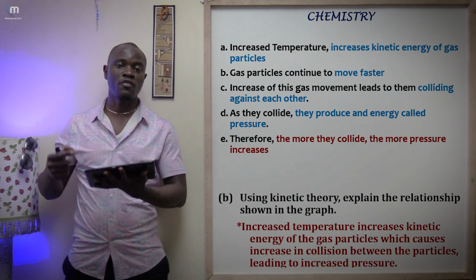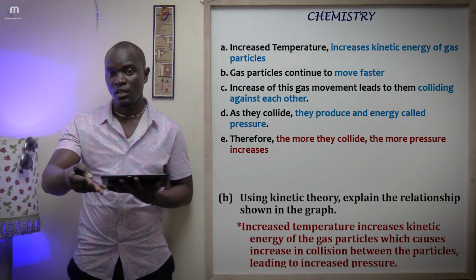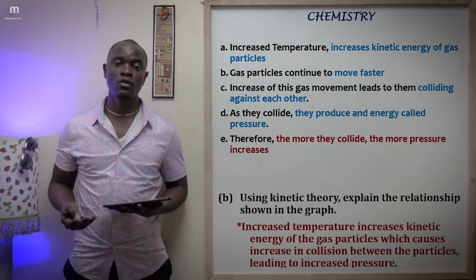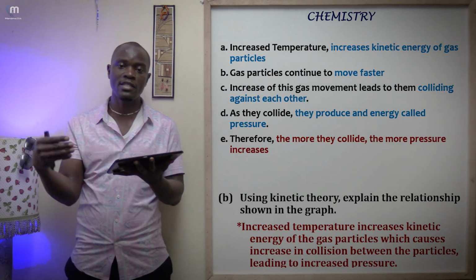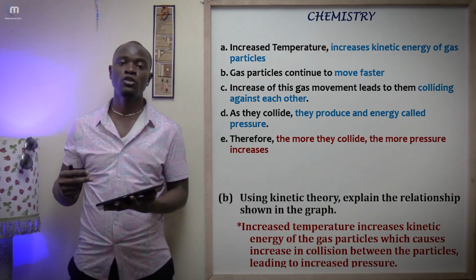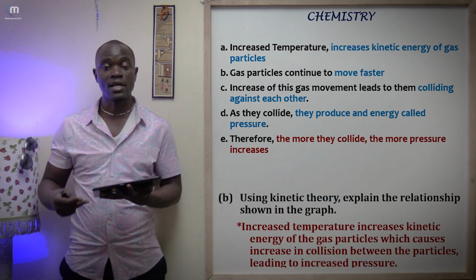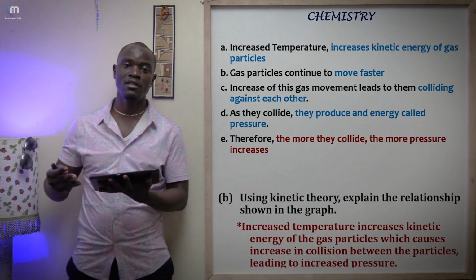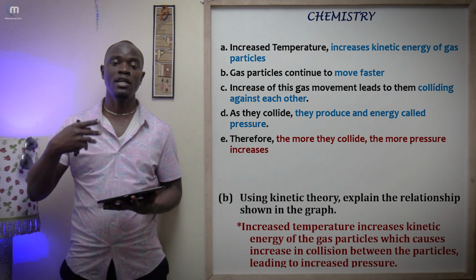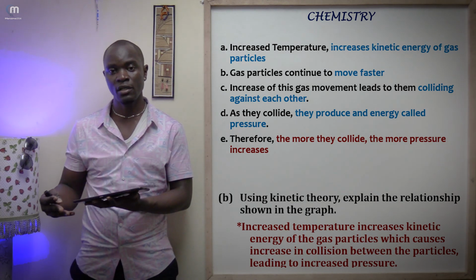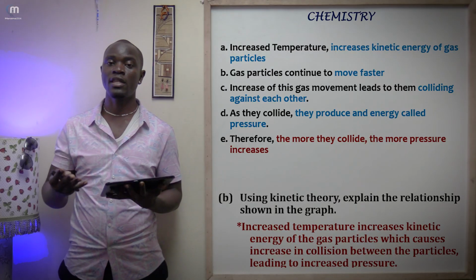So the movement of gas particles increases. As the kinetic energy of these particles increases, there will be collisions. These particles will be colliding against each other, and this collision is going to lead to an increase in pressure of that gas in the container.